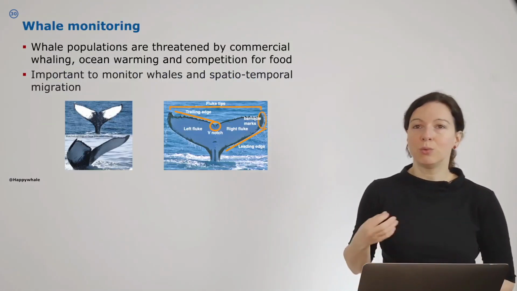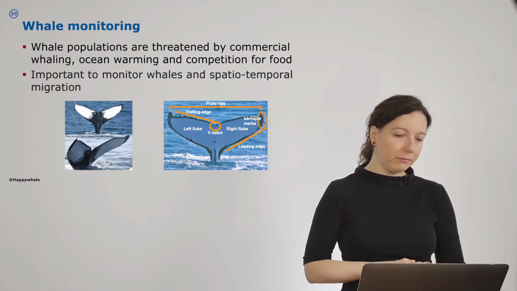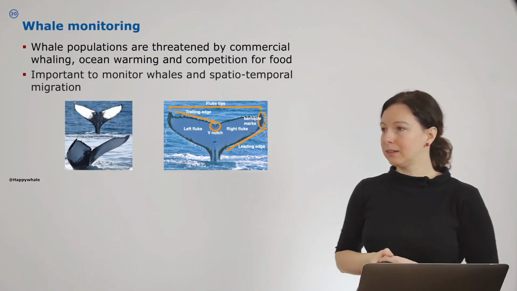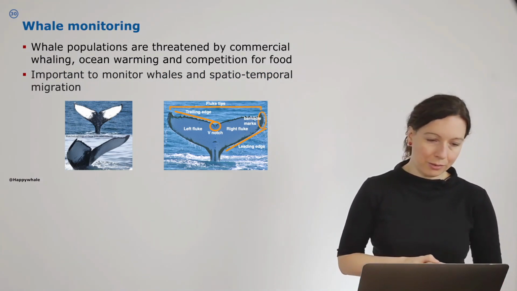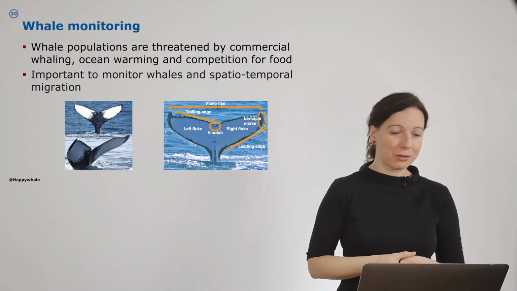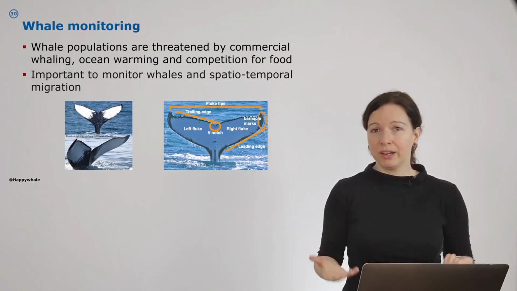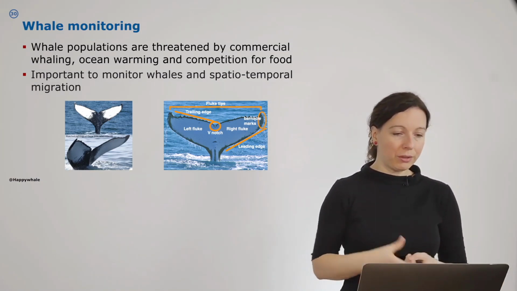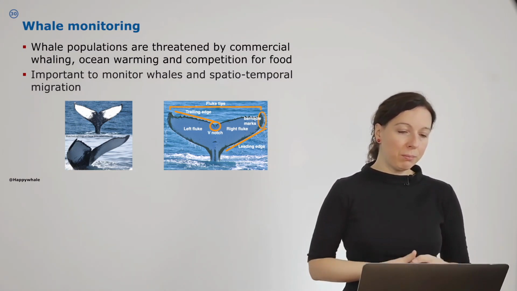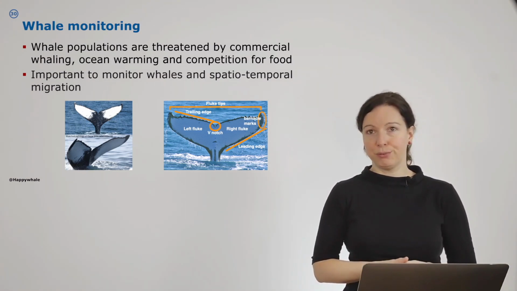And I focus on one specific example, which is whale monitoring. I mentioned it already, and I want to go a little bit more into detail because it's perfectly suited to illustrate the heat mapping procedure. But first of all, whale monitoring, I hope you agree that this is an important topic, because whale populations are threatened by commercial whaling, ocean warming, and competition for food.